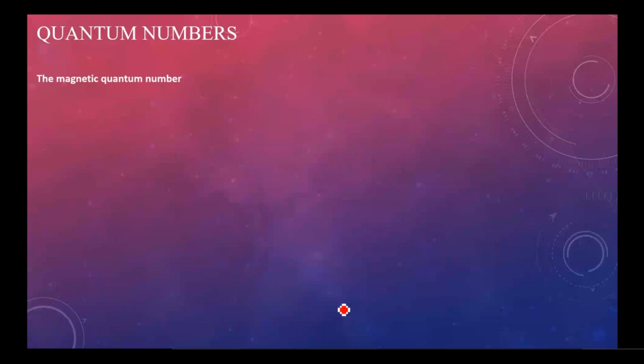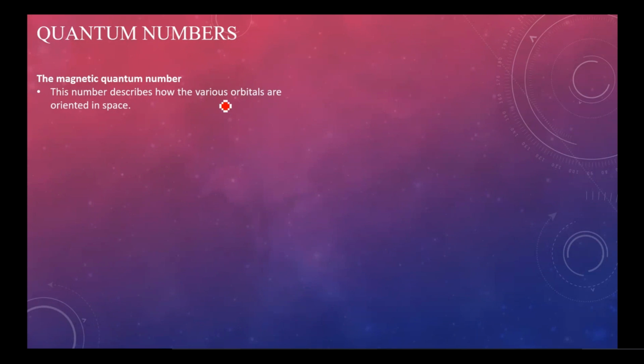Then comes the magnetic quantum number. The magnetic quantum number is simply the number that describes how the various orbitals are oriented in space, or in simple words, how the subshells are oriented in space.